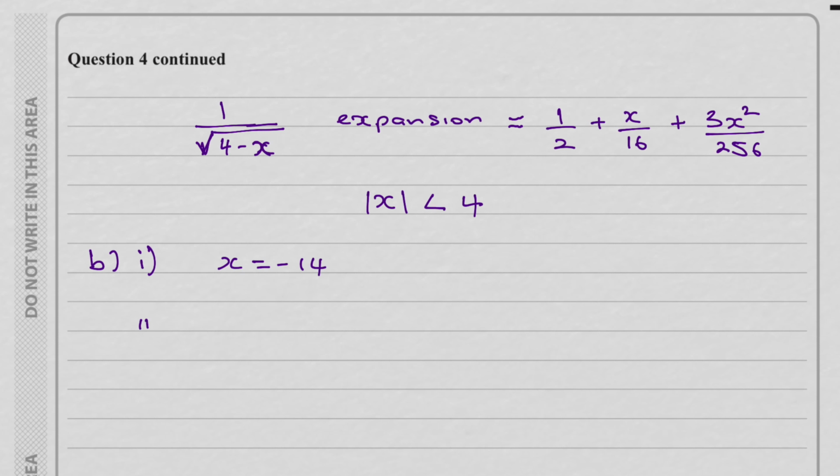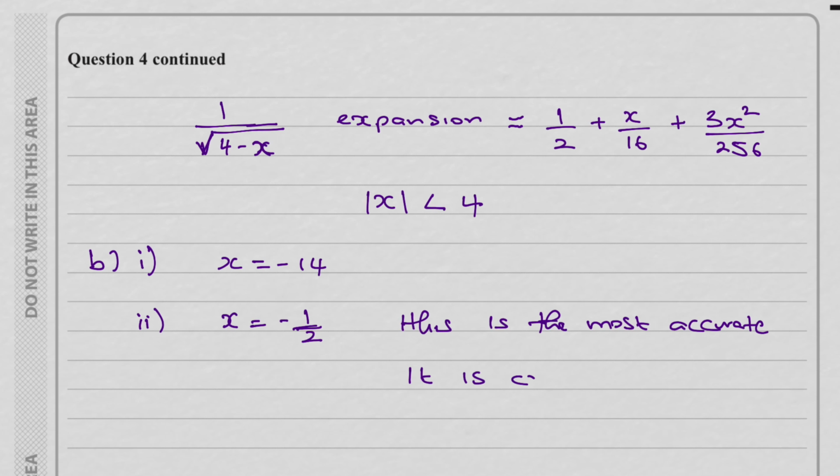And for part 2, as you can see, x can be equal to minus a half. That's what's used. This is the most accurate as it is closest to 0.